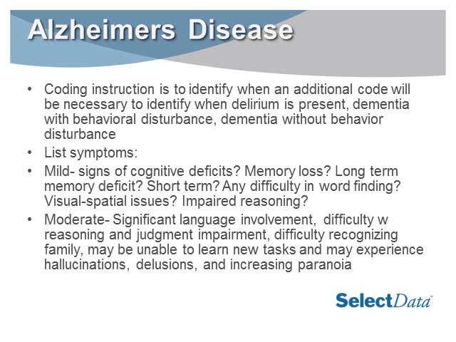Now, if it's moderate, you should see significant language involvement. There's difficulty with reasoning and judgment impairment. Sometimes statements they make just absolutely do not make sense. They may frequently have difficulty recognizing family members, and they have inability to learn new tasks and can experience very active hallucinations, frequently visual, many times auditory, rarely olfactory.